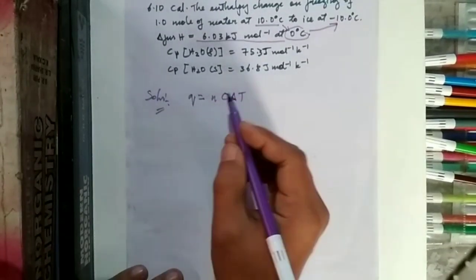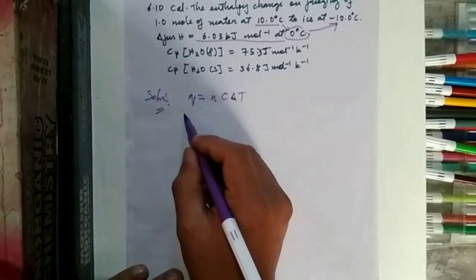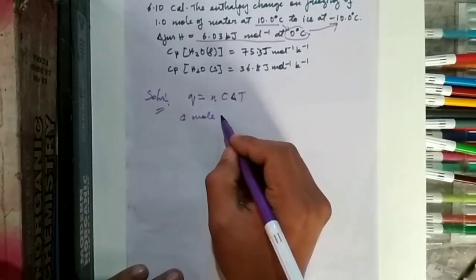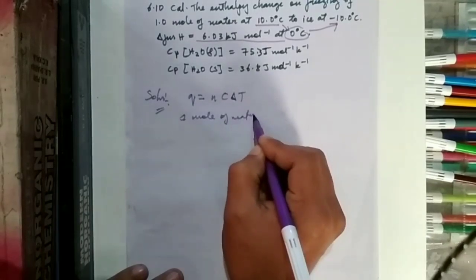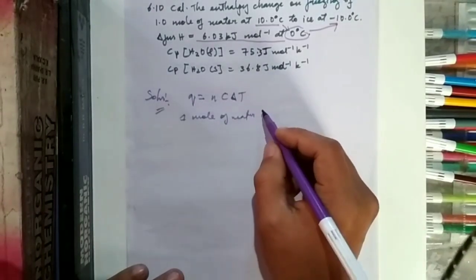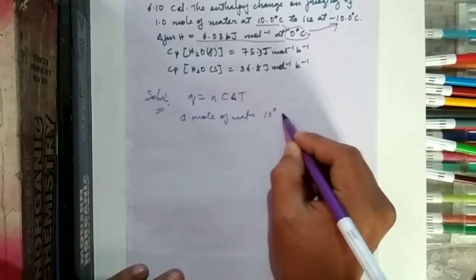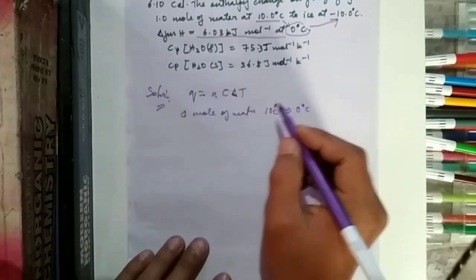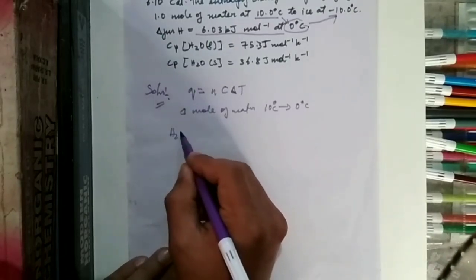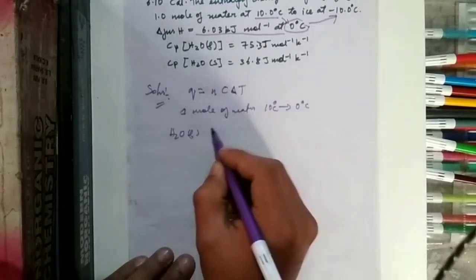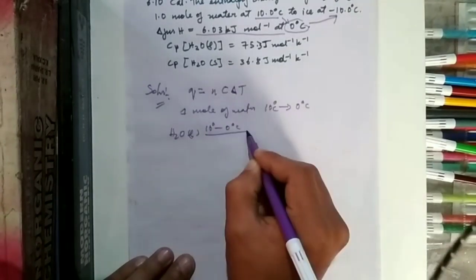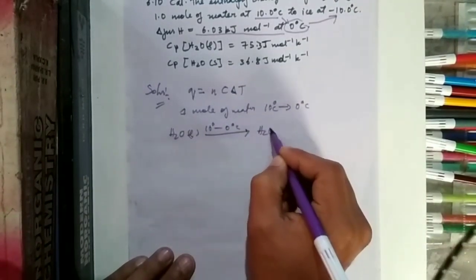This enthalpy change of 1 mole of water from 10 degrees Celsius to 0 degrees Celsius. Let's write it: H2O liquid at 10 degrees Celsius to 0 degrees Celsius will give you H2O liquid.